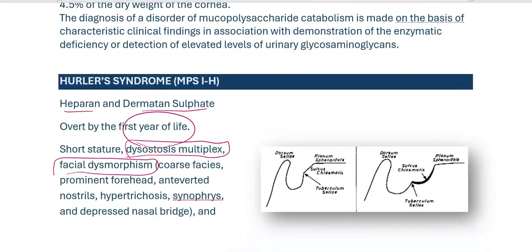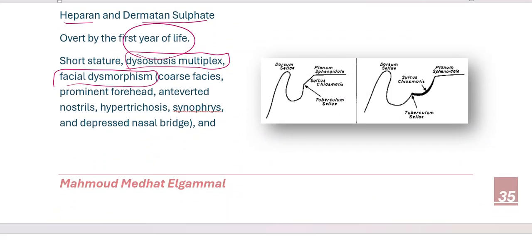In the MCQ questions, dysostosis multiplex usually comes in the form of thickened calvaria or J-shaped sella turcica.